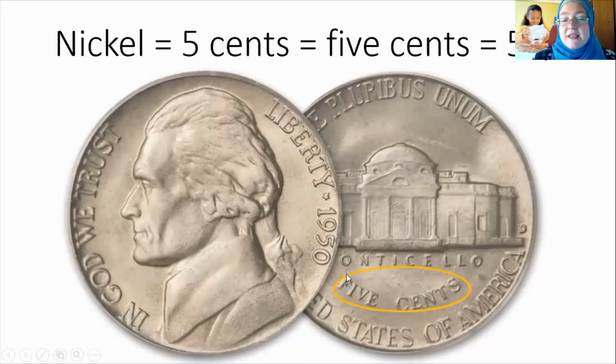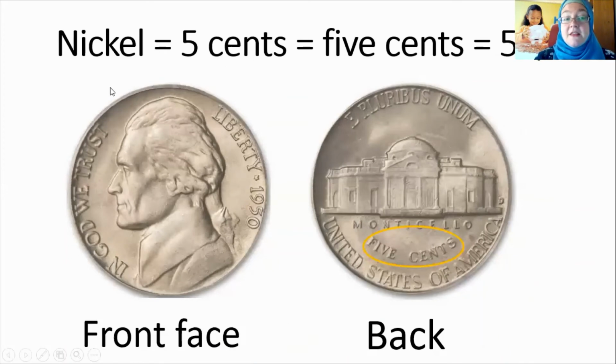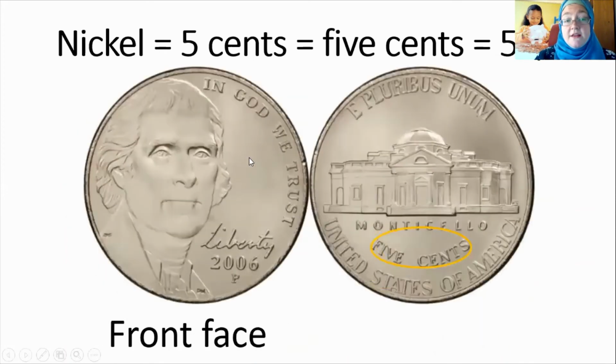But notice, F-I-V-E. No matter what I see on the front or the back, I know that that means 5 cents. The face could be to the side, or it could be looking at you. As long as it has the F-I-V-E on the back, which is one of your sight words, and so is the number 1, you can read it.